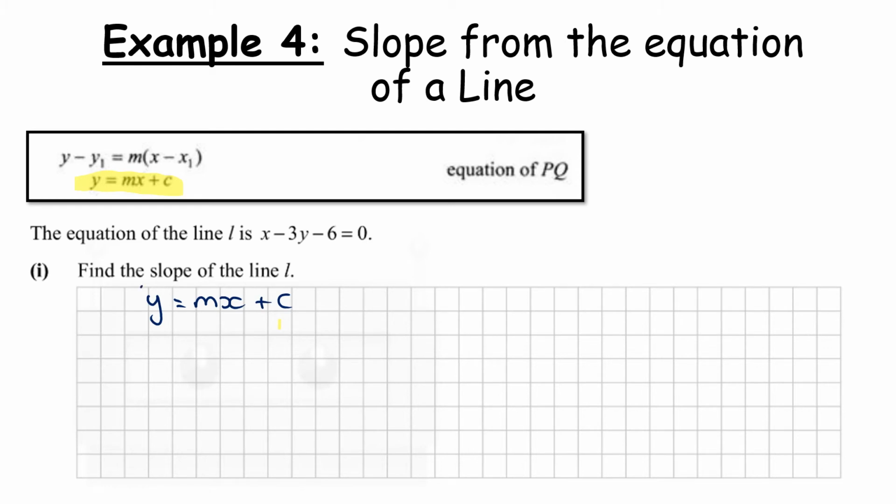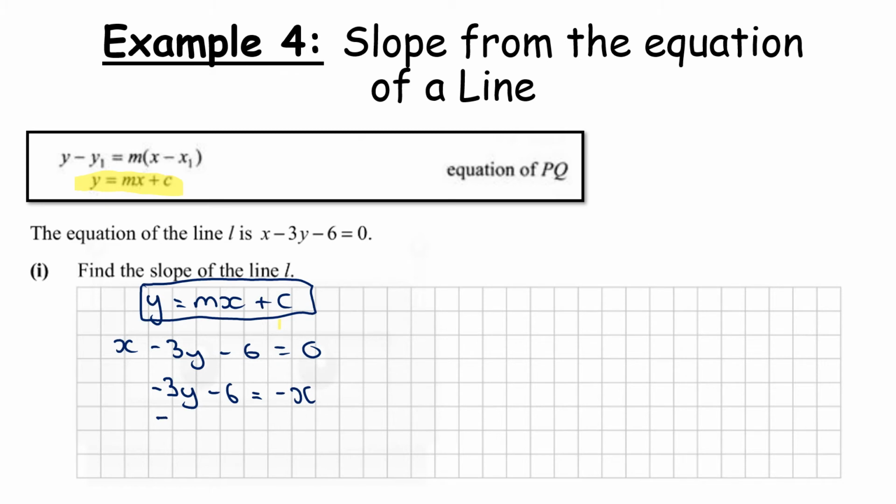So that's what I want it to look like, and it is currently x minus 3y minus 6 equals 0. In order to work through this, I need to rearrange it so it looks like y equals then the x, then the constant. So what I'm going to do is subtract an x from both sides. I'm then going to add a 6 to both sides.